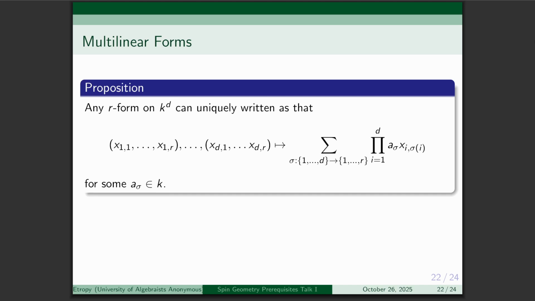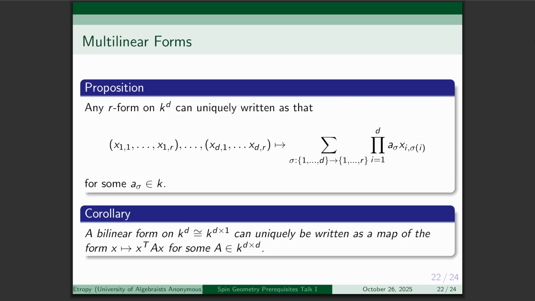Any multilinear map from (K^d)^R to K can be written as a sum of products of the coordinates of the components of my input vector. And in particular, in the case of R equals 2, a bilinear form, we just get a matrix of coefficients we have to worry about.